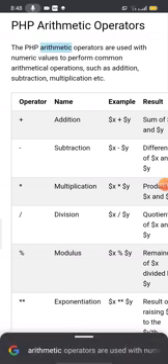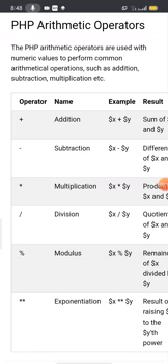So PHP arithmetic operators are used with numeric values to perform common arithmetic operations such as addition, subtraction, multiplication, etc. Whatever you do in your arithmetic operations, you can do with the arithmetic operators of PHP.